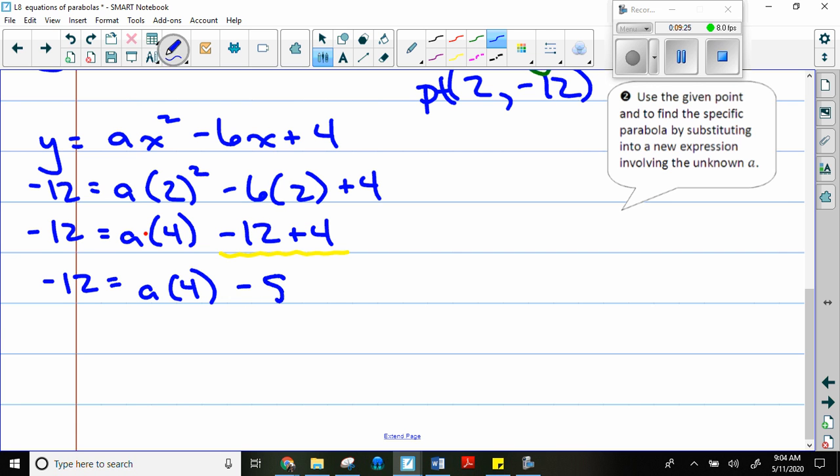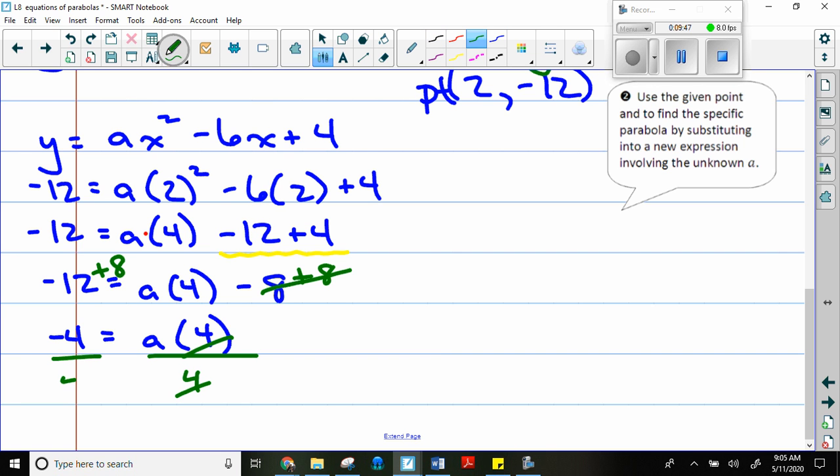That is negative 8. And now it's just like our vertex form question where we have to get rid of that negative 8 first. Positive 8, positive 8. Let's add 8 to negative 12. That's negative 4. And then we've got A multiplied by 4. We have to divide there and there.